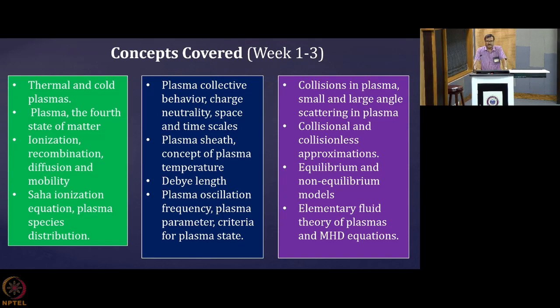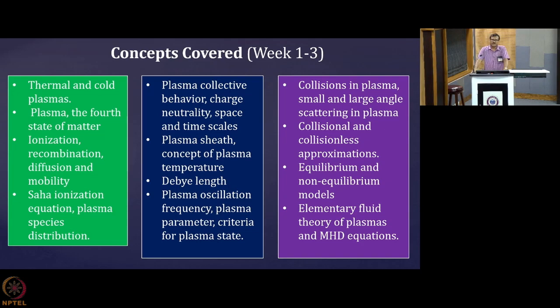These 3 weeks have covered concepts like thermal and cold plasmas, plasma the fourth state of matter, ionization, recombination, diffusion, mobility, Saha ionization equation, plasma species distribution, then plasma collective behavior, charge neutrality, space and time scales, plasma speed, concept of temperature, Debye length, plasma oscillation frequency, plasma parameter, criteria for plasma state.